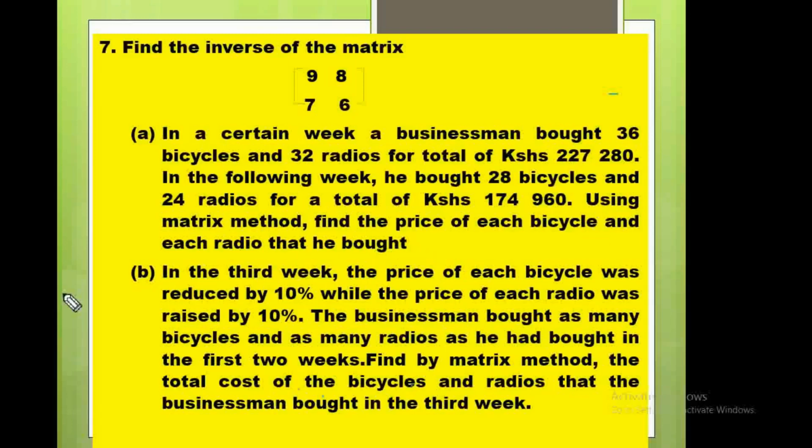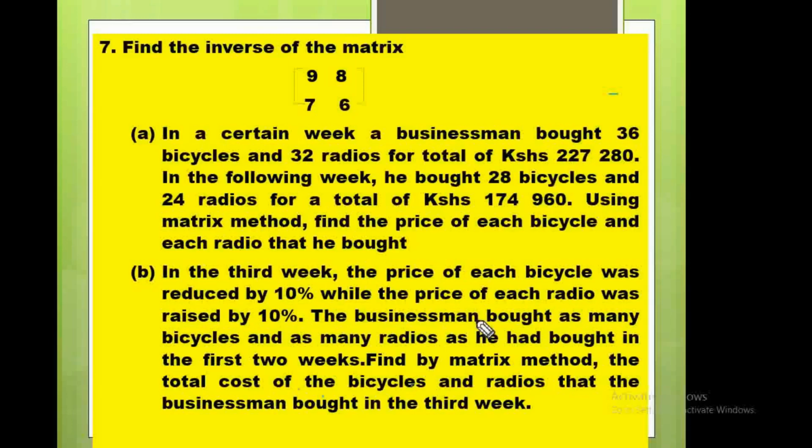Okay, then for part B, let's look at part B. In the third week, the price of each bicycle was reduced by 10%, while the price of each radio was raised by 10%.